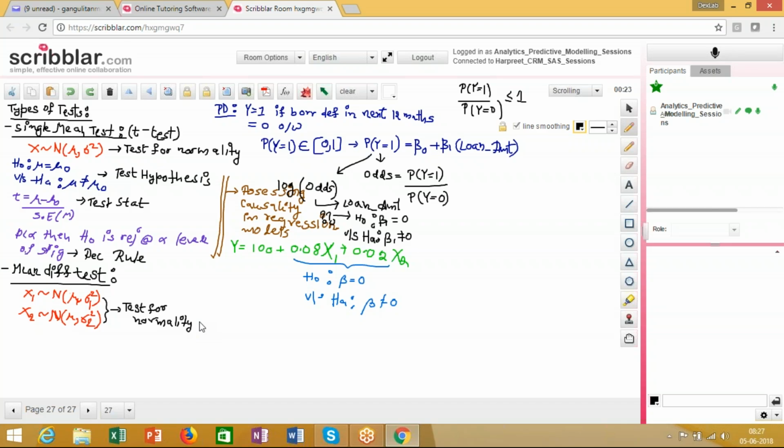See, for example, for x1, the mean time that we require is, I'd not say mu1, mu1 would be a wrong representation to make.